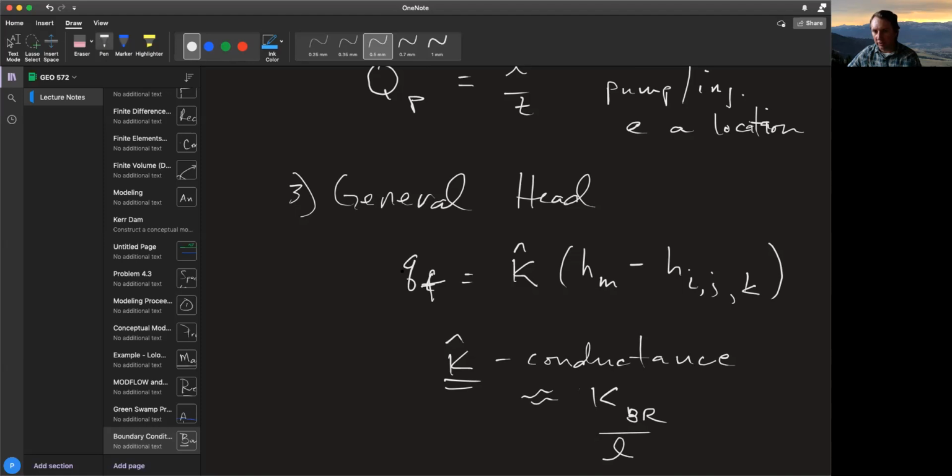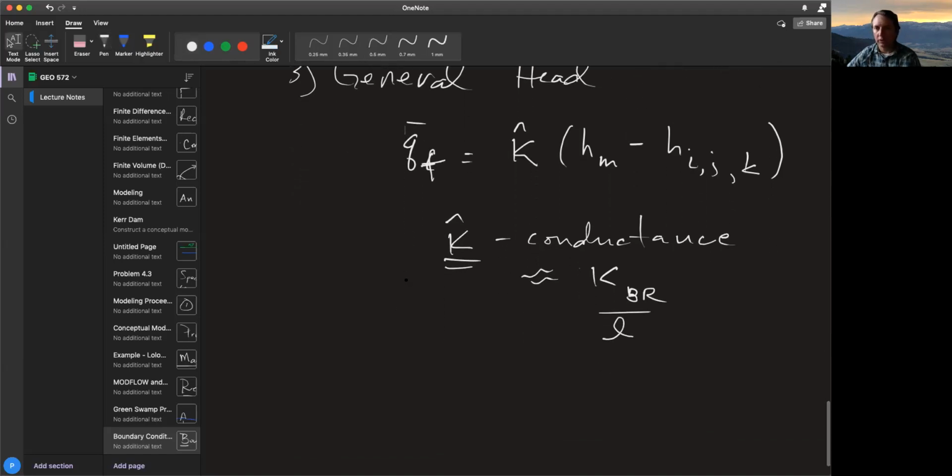And so if this unit here is length over time, this unit is length. Then our conductance should be 1 over time. If we recall, hydraulic conductivity is length over time, over length, we'd have 1 over time here. So the conductance should have a unit of 1 over time. So conductance, and the other thing we define here is H sub M, the head outside the boundary. So this is a mixed type.